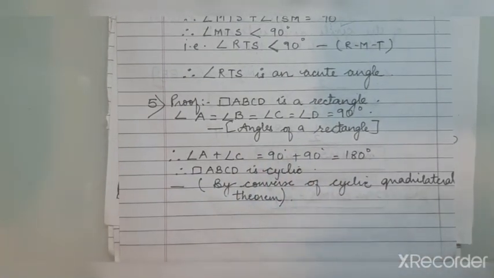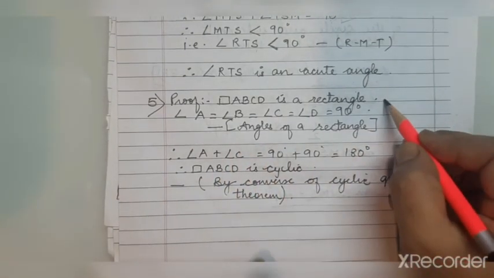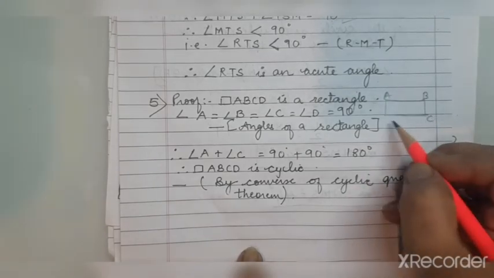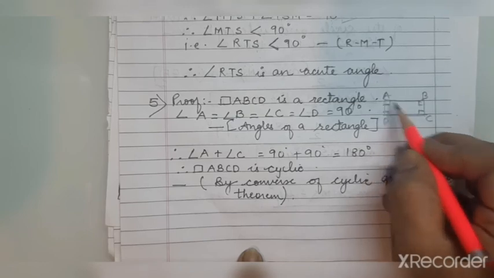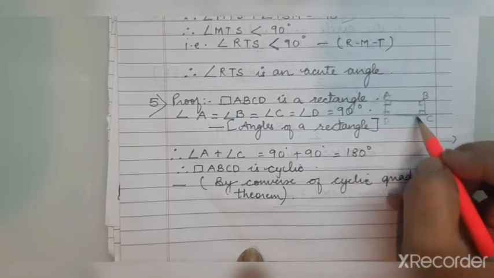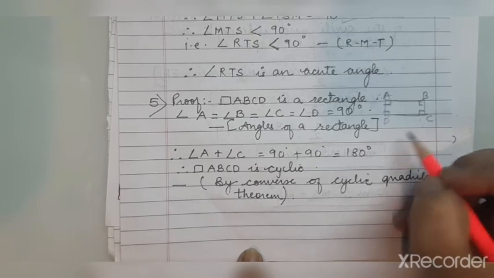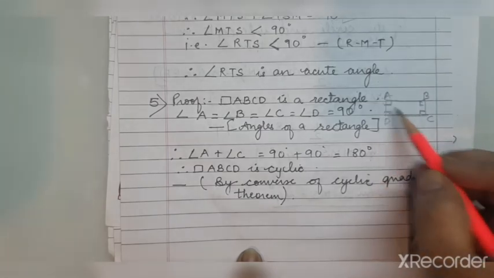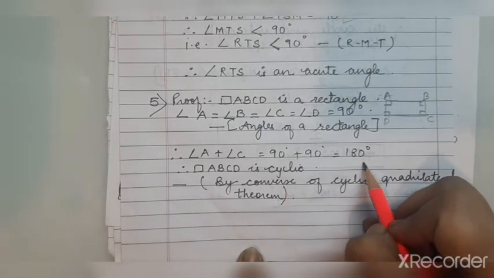Now, if you want I can draw here A, B, C, D. In this rectangle, angle A plus angle C is equal to 90 plus 90, which is equal to 180 degrees. So, if you take the opposite angles of a rectangle and take their sum, it is equal to 180 degrees.